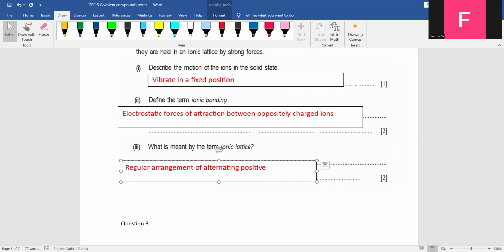So can you see how the answers are almost the same, but they're not the same?